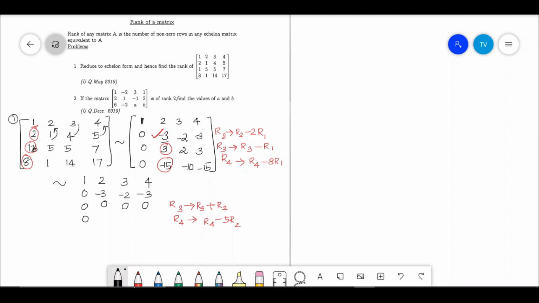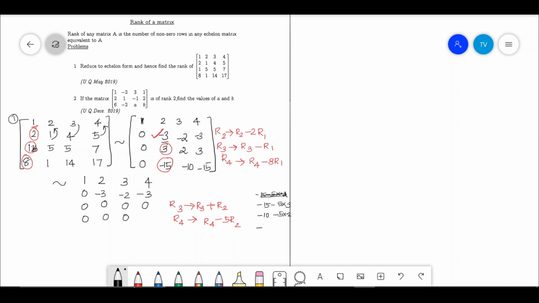So the first element has no change. Second element: minus 15 minus 5 into minus 3, and so we have minus 15 plus 15 equal to 0. Next element is minus 10 minus 5 into minus 2, and hence we have minus 10 plus 10 equal to 0.